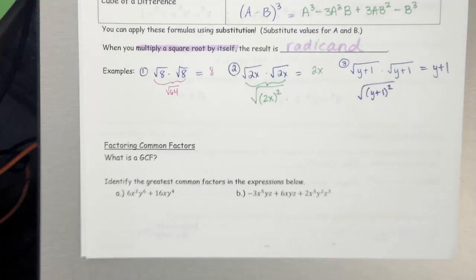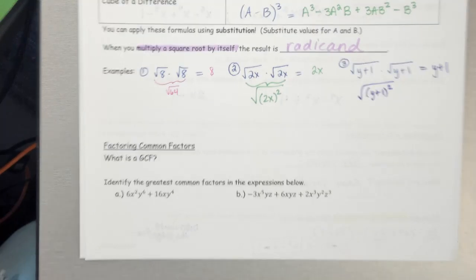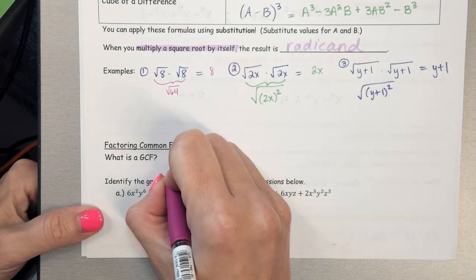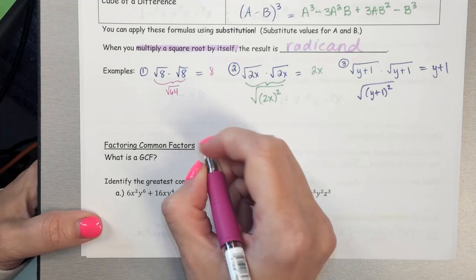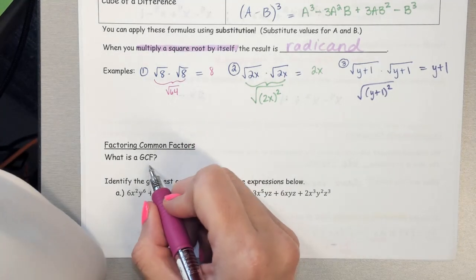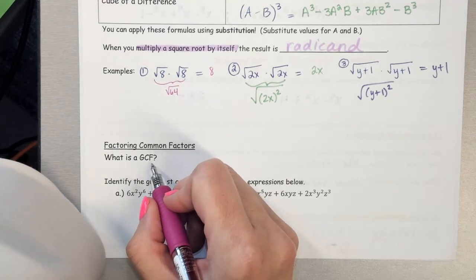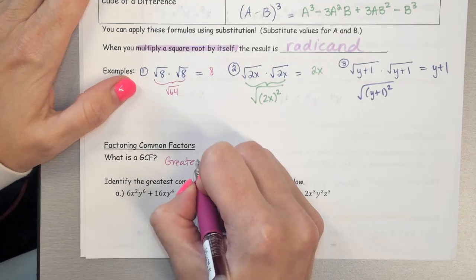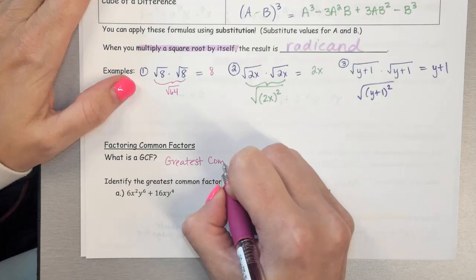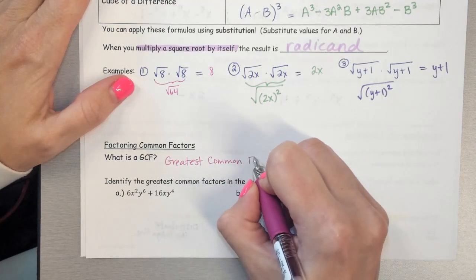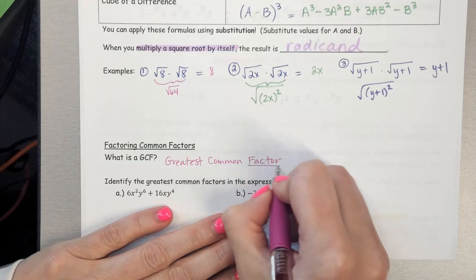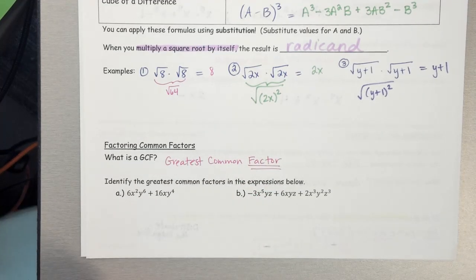Okay, so when we're factoring, a lot of times we have to take out the GCF. So when I say GCF, I mean good cook good Francis, or what? What does this mean? Yes, greatest common factor. Okay, and a factor is just a number that divides into it evenly.